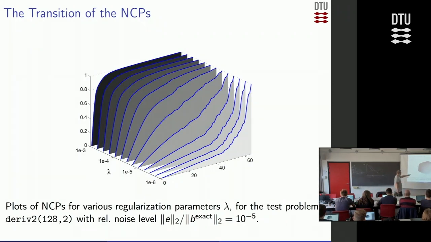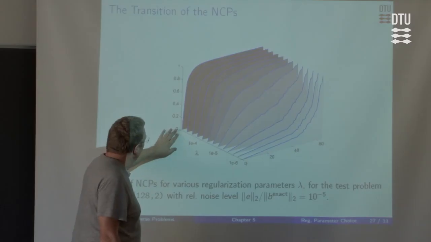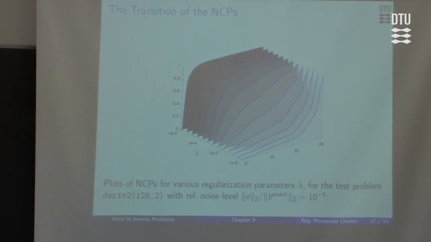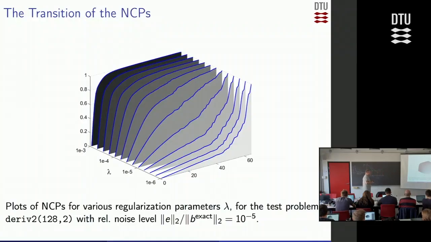Now let's see. Up in this end here, when lambda is larger, that means that we over-regularize, we extract too few SVD components from the right-hand side. So that means that the residual still carries information. It still carries some signal that we have not yet extracted.